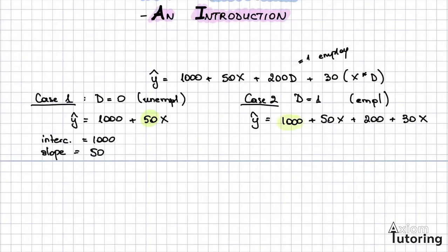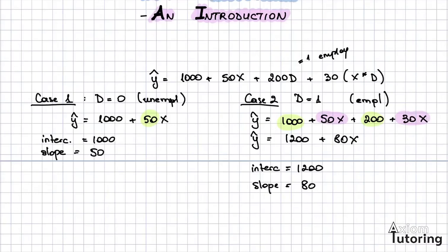So we've got a 1000 and a 200 that don't have an x attached to it, and then 50x and 30x, which means that we can rewrite this as 1200 plus 80x. So look here, now the intercept of this case is 1200, while the slope is now 80.